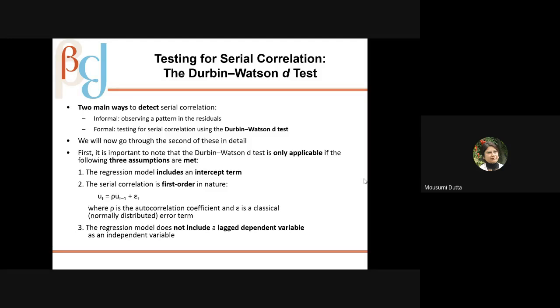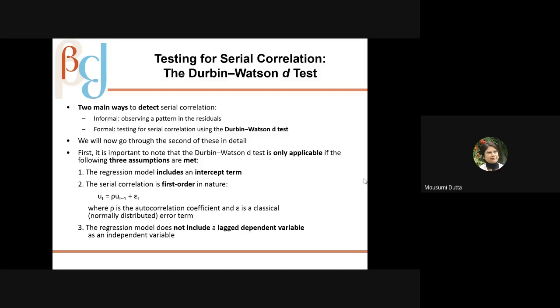test. So first, it is important to note that the Durbin-Watson D-test is only applicable if the following three assumptions are met. Number one, the regression model includes an intercept term. So if I have a model without an intercept term, last day some of you raised questions regarding the structure of the model.